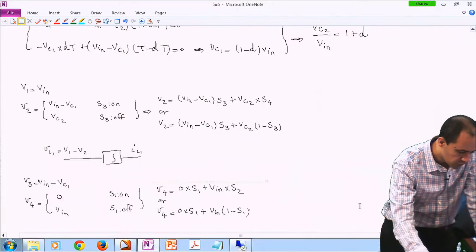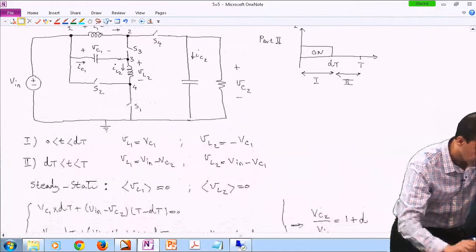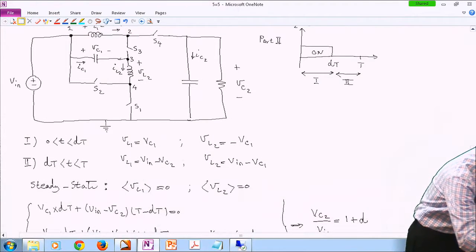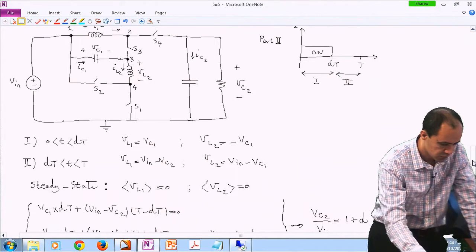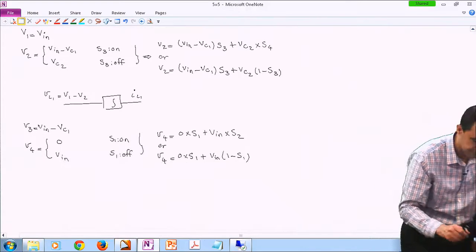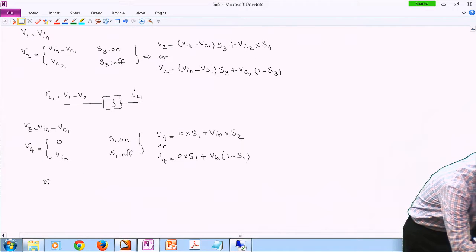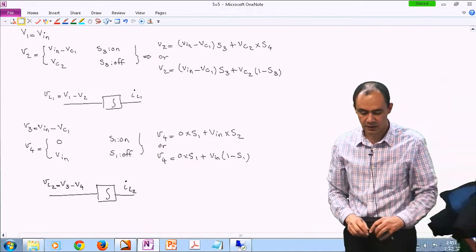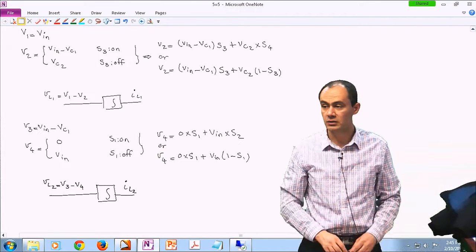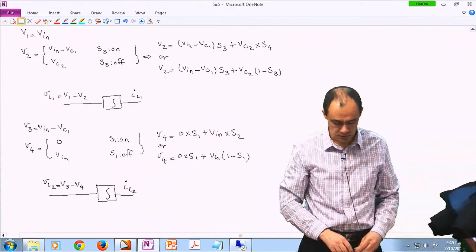So we have V3, we have V4, and V3 minus V4 is the voltage that applies to inductor number 2. So VL2 is nothing but V3 minus V4. So if I integrate that, I can actually get the inductor current number 2, basically, the current of the second inductor.